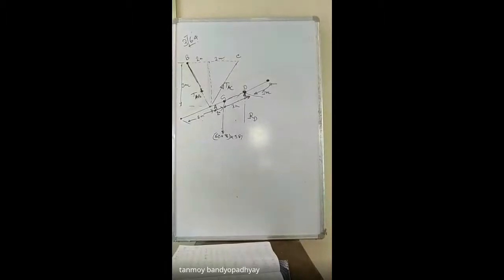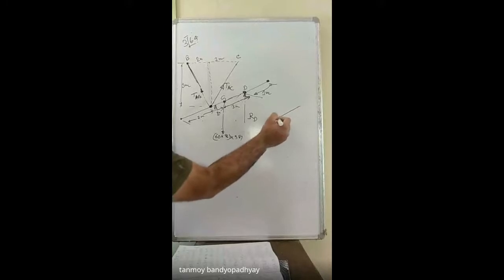Since x, y, and z are not given, what we can do is take A as the origin itself. I think that will make things easier. So this one we are taking as the x direction.